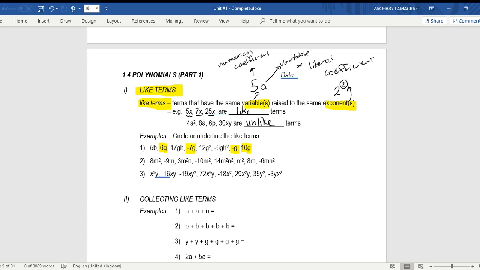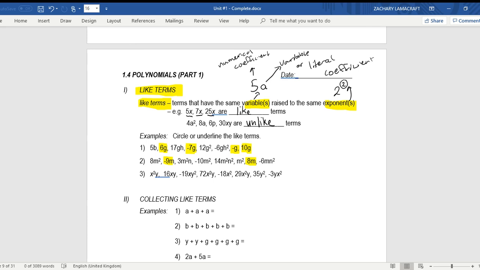If we look at the next grouping, we have 8m squared, minus 9m, 3m squared n, negative 10m squared, 14m squared n squared, m squared, 8m, negative 6mn squared. Whew, that's a lot of stuff there. Now, if I look around, once again, negative 9m and m, they have different numbers but the same exponents. Trying to see if there's any others here that might make sense.